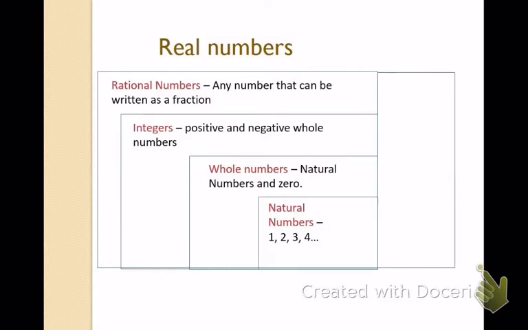If you take the circumference of a circle and divide it by 2 times the radius of that circle, or if you take the circumference of a circle and divide it by the diameter, you get some number that you cannot write as a fraction. That number is pi, by the way. And so now we started coming up with these other numbers that didn't fit into any of these other 4 categories.